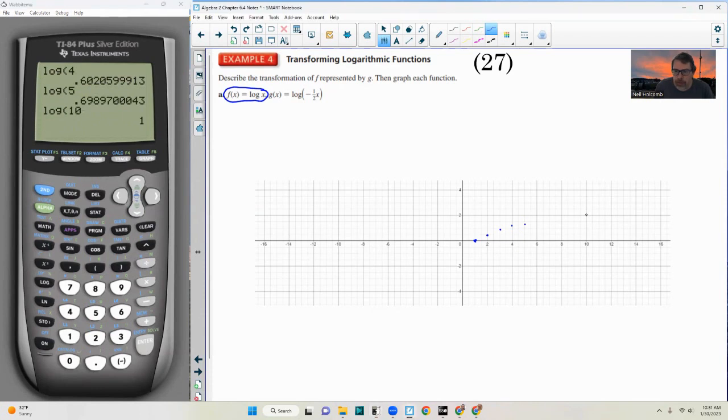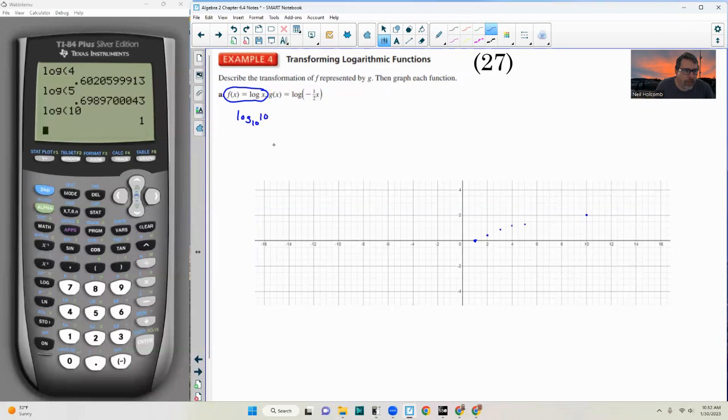So if I go up to the log of 10, that is 1, which means 10 to the 1 equals 10. Remember, the base here is 10. That's a common log, so that means the log base 10.